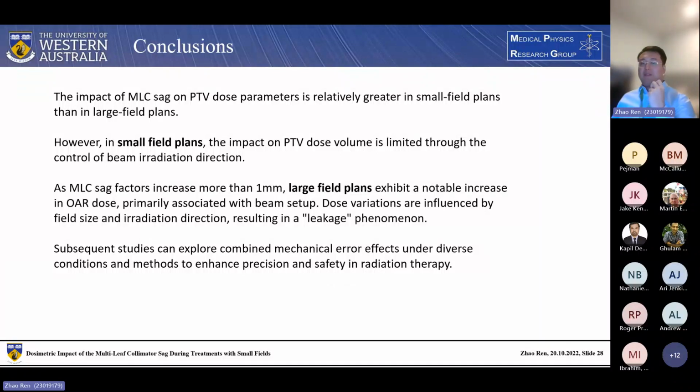And as MLC sag factors increase beyond 1 millimeter, large field plans exhibit a notable increase in OAR dose, primarily associated with beam setup. The dose variations are influenced by the field size and irradiation directions, resulting in a leakage phenomenon. So subsequent studies can explore combined mechanical error effects under diverse conditions and methods to enhance precision and safety in radiation therapy.